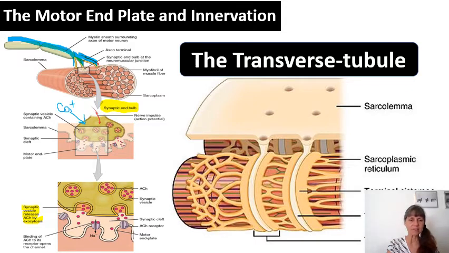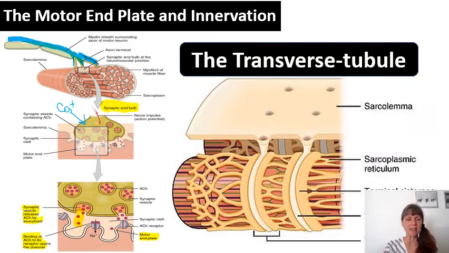When the synaptic vesicles merge their membranes with the synaptic end knob membrane or synaptic end bulb membrane, acetylcholine is released into the synaptic cleft. Acetylcholine then binds to acetylcholine receptors on the folded area of the sarcolemma of the skeletal muscle fiber that you already know is the motor end plate.